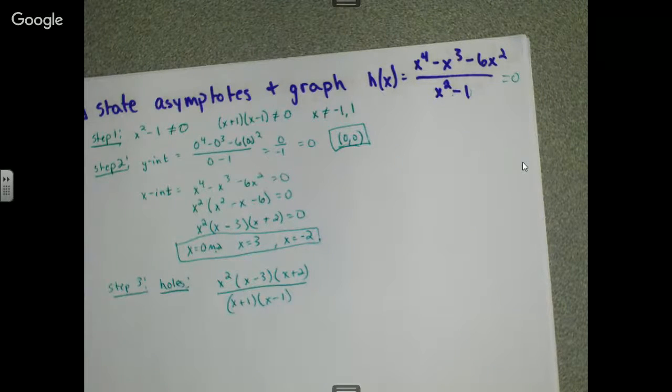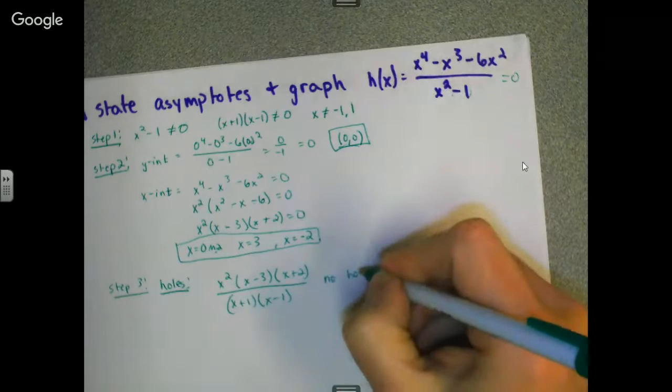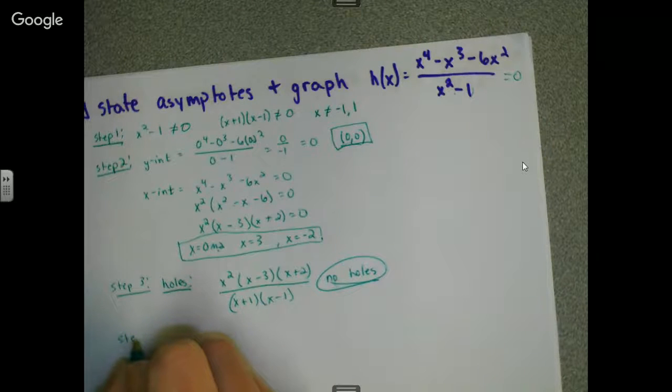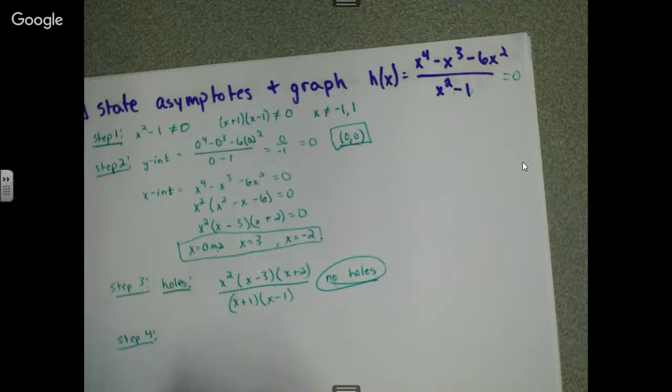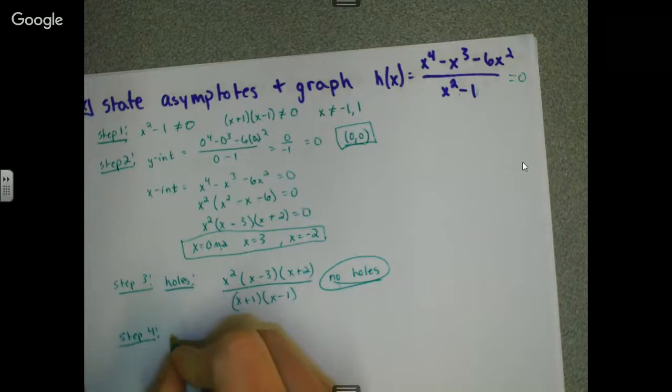So as we can see, nothing here cancels. So again, there are no holes. So we'll go to step 4. And step 4 is asymptotes. So we'll look at vertical.